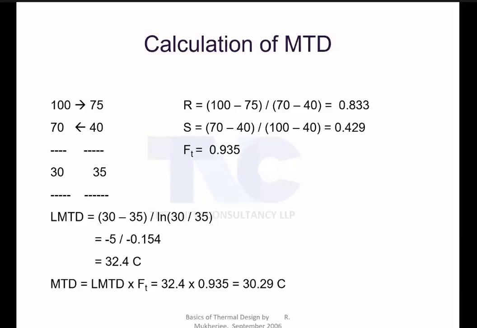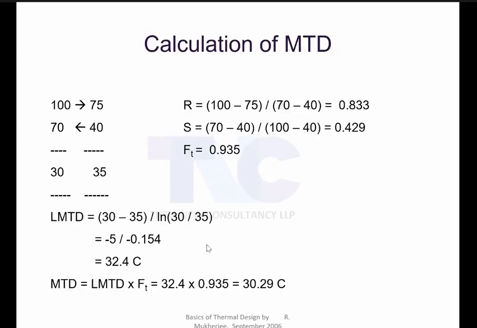If the correction factor is higher and higher, that means your selection of the type of exchanger is correct. Whenever this correction factor comes below 0.85, I can tell you 100% you have selected a wrong type of shell and tube exchanger. You need to modify it. You need to have a different type of exchanger.